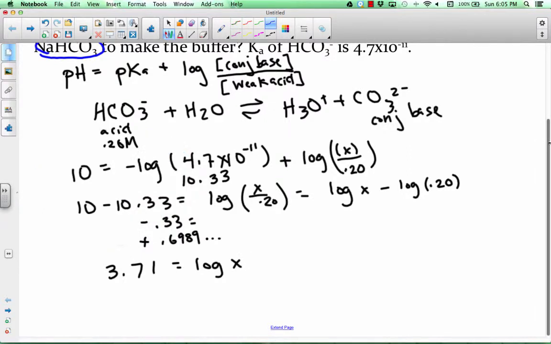So now we have to undo the log. So we take the anti-log. So I raise 10 to the power of 3.71 and 10 to the power of the log of x, where now this cancels and x will be equal to 10 raised to 3.71. So what is that?